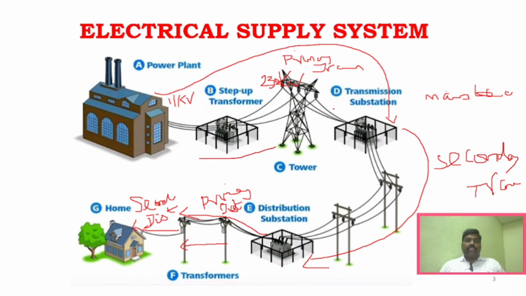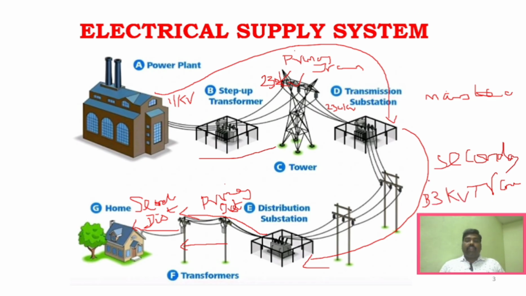Right? So now this 230 kilovolt reaches this particular main load center. So in this main load center, there will be a step down operation. There will be a step down transformer which converts this 230 kilovolt into 33 kilovolt.